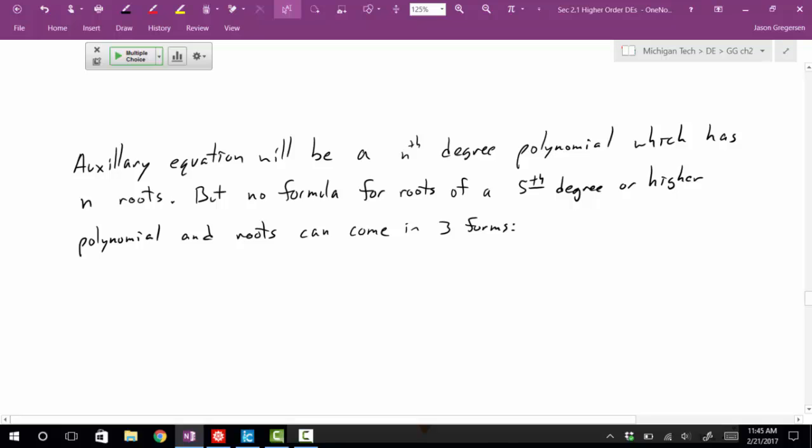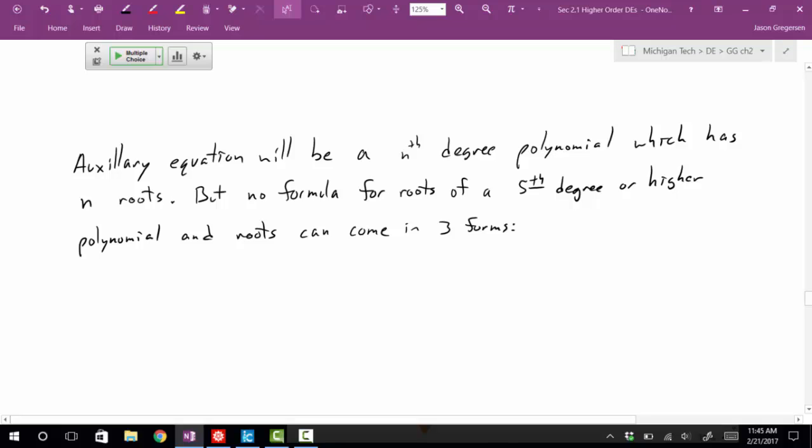We can always approximate those roots numerically. So I use a numerical technique to approximate the roots of much higher order polynomials. If I have a 10th degree differential equation, I generate a 10th order polynomial, use some sort of numerical process to find the 10 roots, and boom, I get my solution. I'm all done. That's still not too bad. We can still do that.